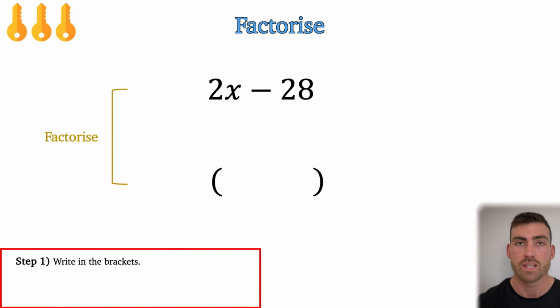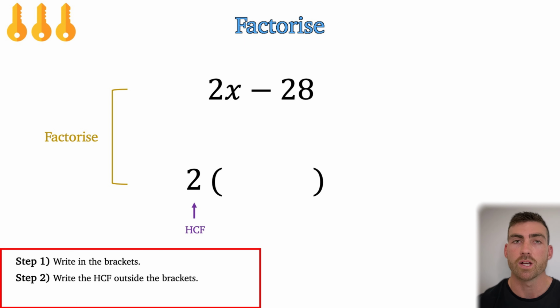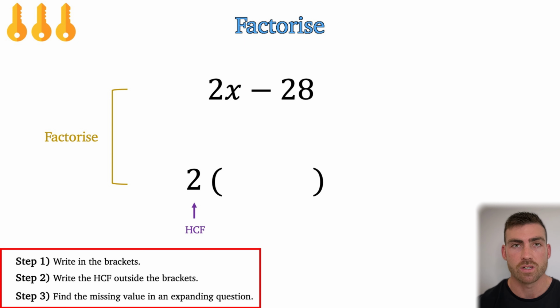Step 1 is the same. We write down the brackets. Step 2 is also the same. Write the highest common factor outside the brackets. In this case, it is 2. For step 3, we treat it like an expanding question and try and find the missing value.